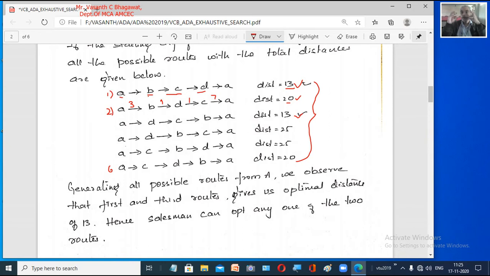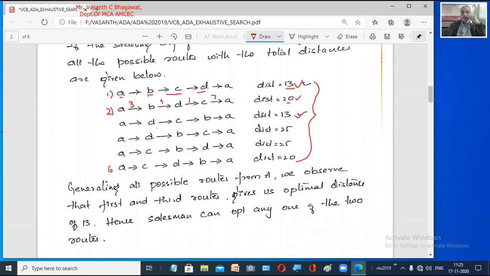So optimal. Now if you look here, there are 2 routes available for us. The first route, that is A to B, B to C, C to D, and D back to A. That is an optimal route, because the total distance he got is just 13 kilometers. Similarly the third route, that is from A to city D, from D to C, C to B, and B back to A, also gives us the same distance.